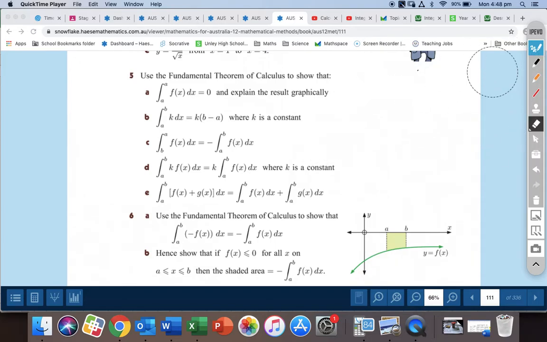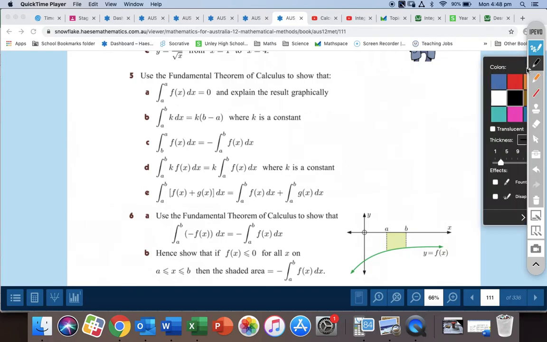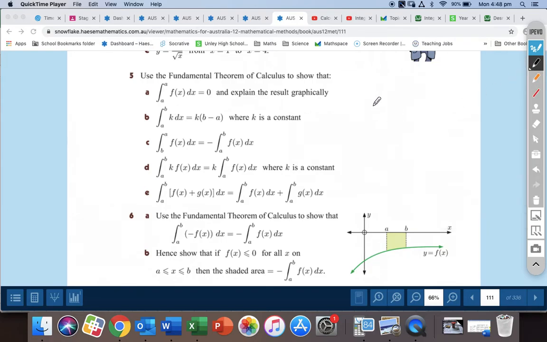Just wipe the slate clean there. So 5b, it's saying, what about if we have some constant? So if you were finding the antiderivative of a constant, like here's a constant, 3.